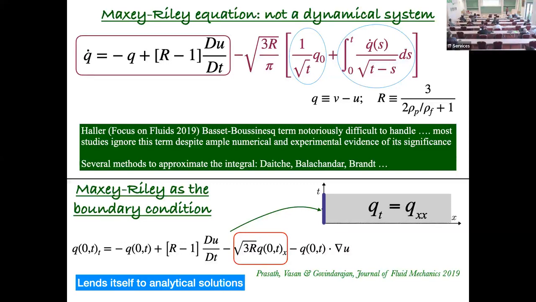Haller actually wrote a Focus on Fluids article on our 2019 paper, and he said that the Basset-Boussinesq term is notoriously difficult to handle, and so most studies ignore this term despite ample numerical and experimental evidence of its significance. So they're not dropping it because it's very small.